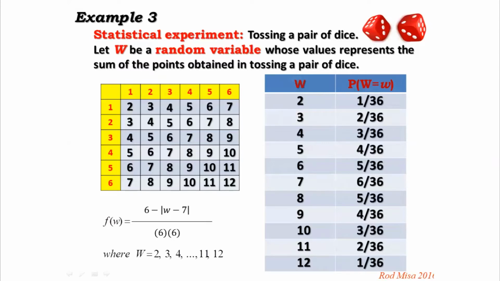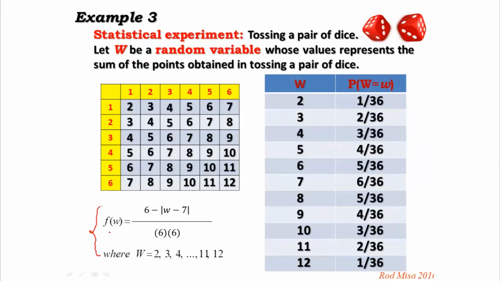And obviously, the denominator is just the fundamental principle of counting, since the first die could land in 6 ways, multiplied by 6 ways that the second die could result. And the numerator takes a little creativity in constructing this mathematical model to represent these probabilities of the sum of the points obtained in choosing a pair of dice.